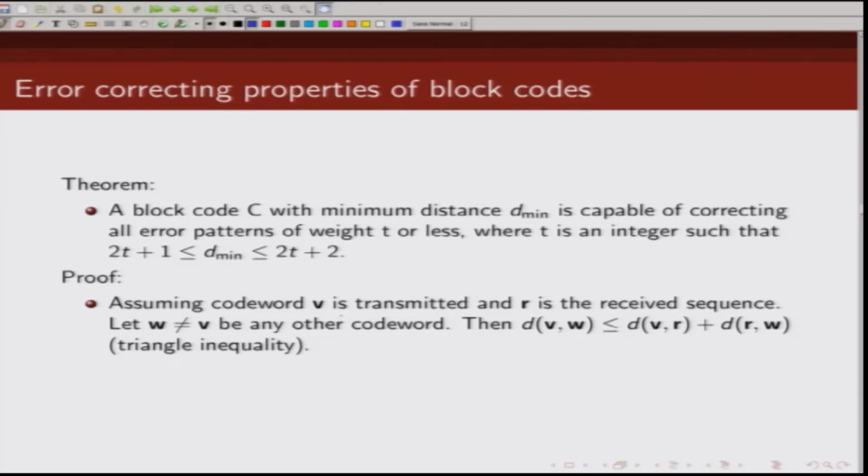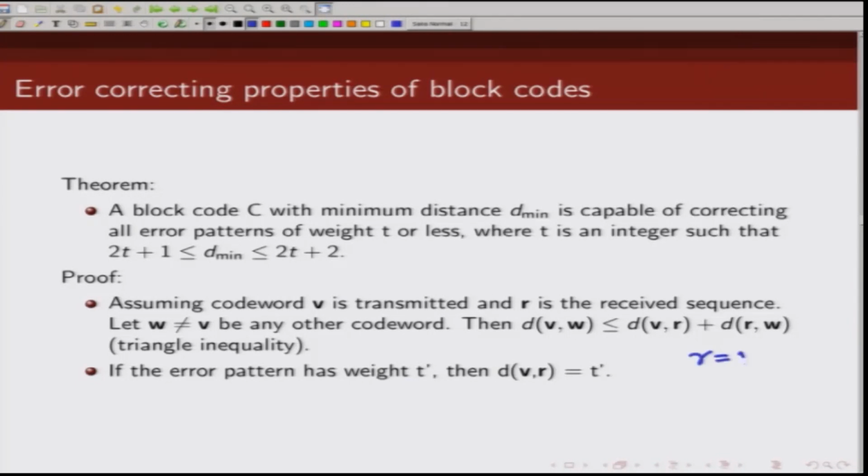Let us assume the code word that is transmitted is given by V, and what we received is the vector R. Let us assume there is another code word W which is not same as V. Now, we know from triangular inequality that Hamming distance between V and W will be less than or equal to Hamming distance between V and R plus Hamming distance between R and W. Now, let us assume that the error pattern has weight t dash, and what is R?